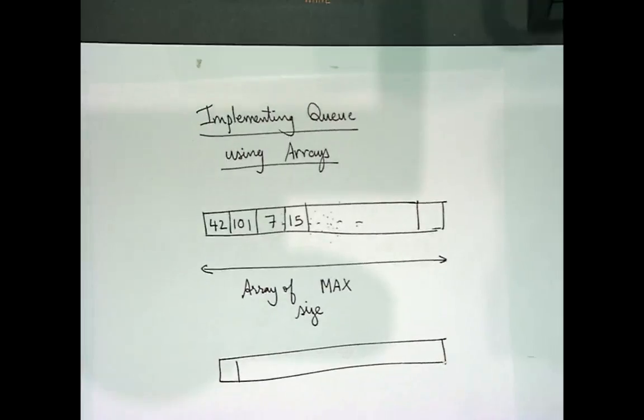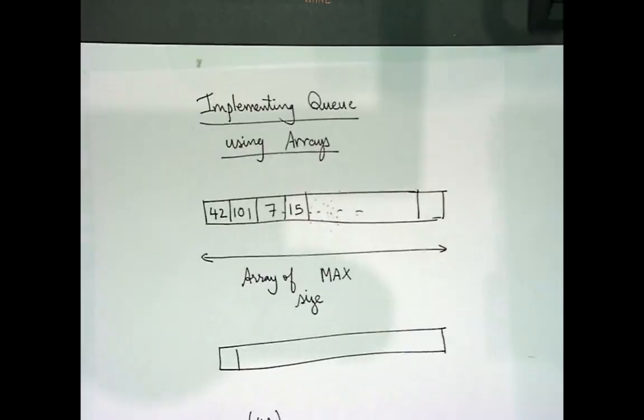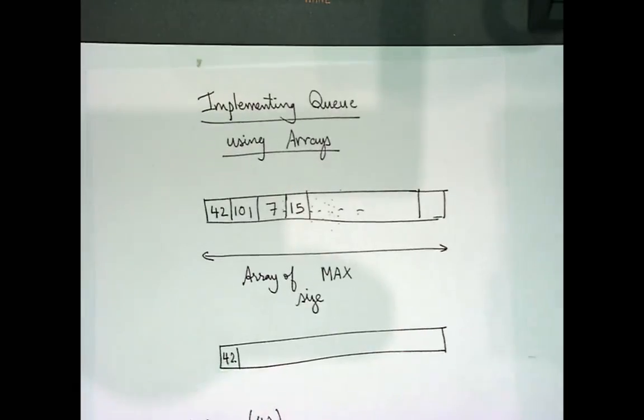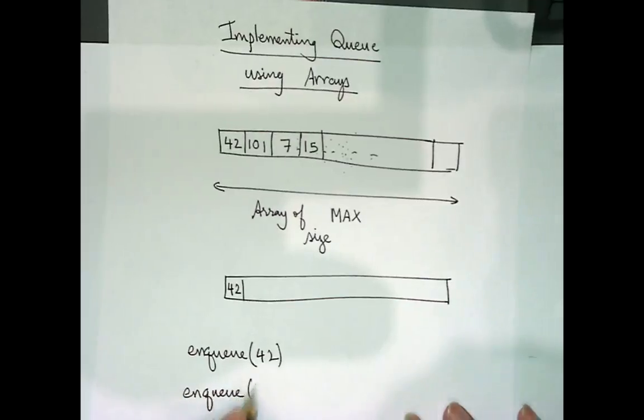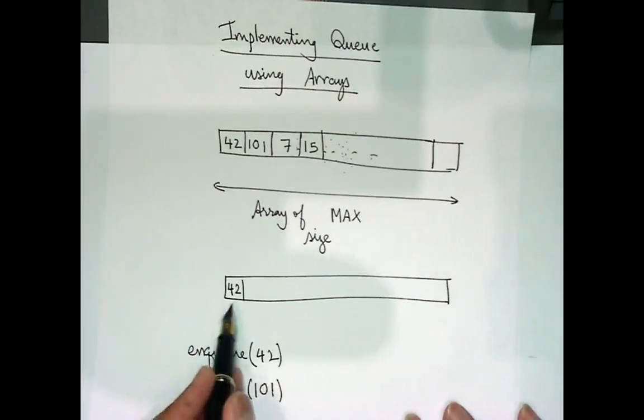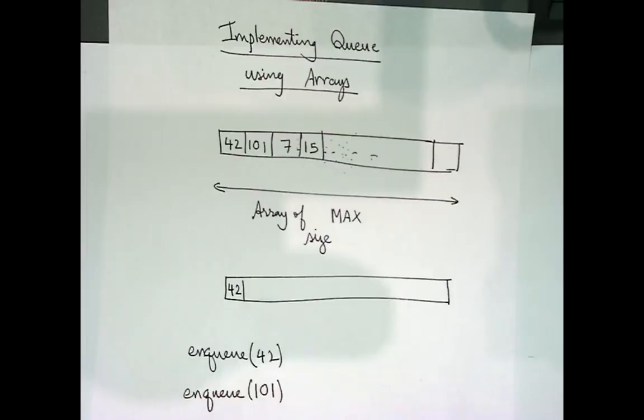When you do NQ 42, it's probably going to go there. Now when you do NQ 101, you could decide to put it before 42 or after 42.